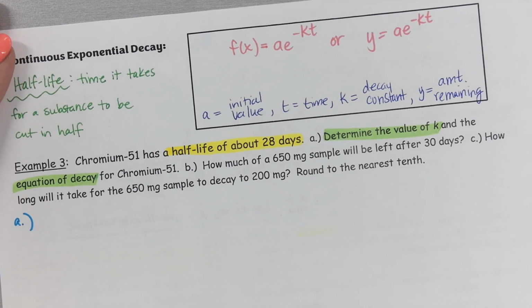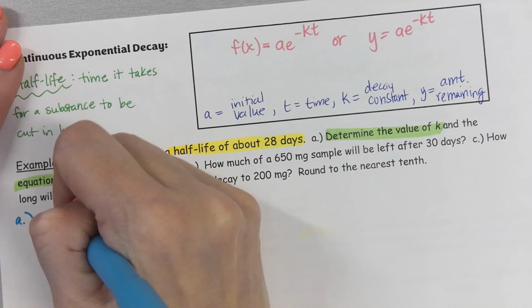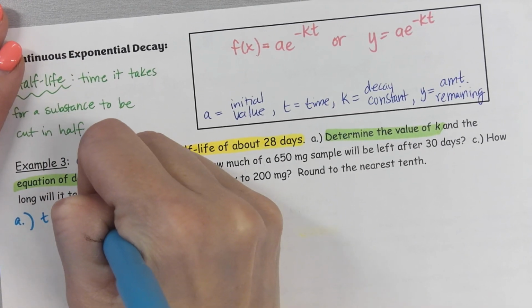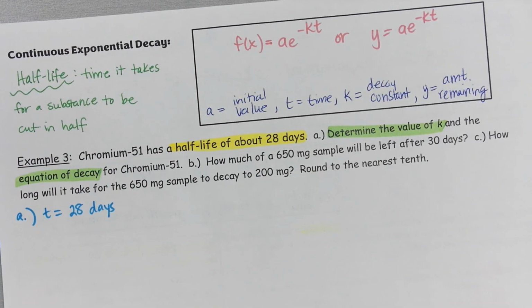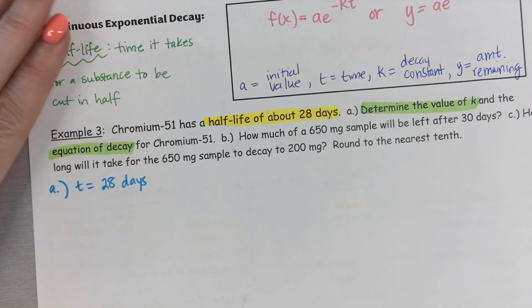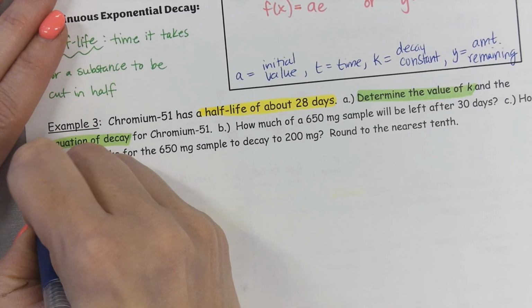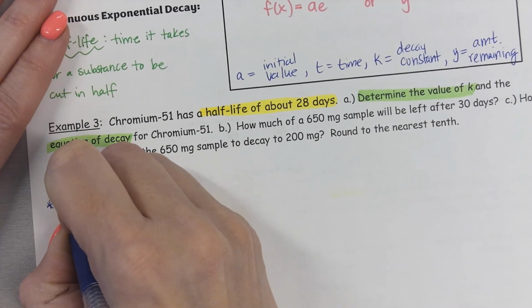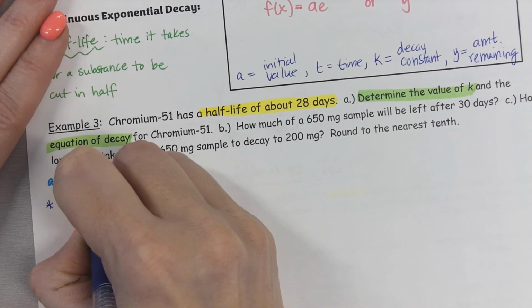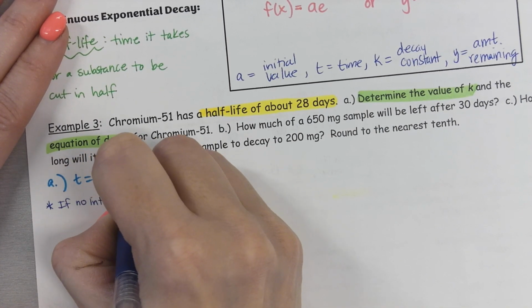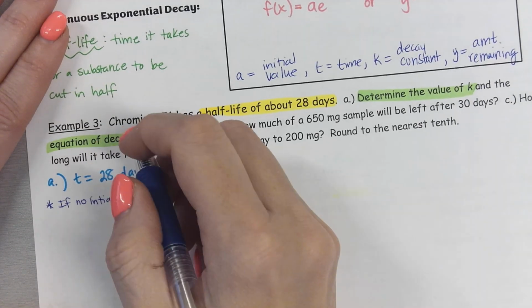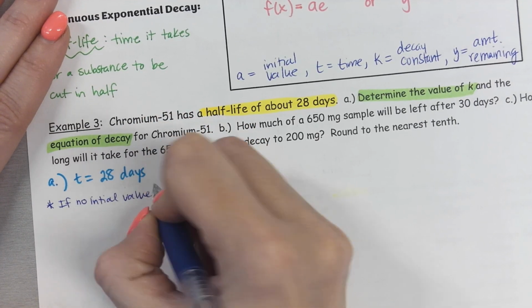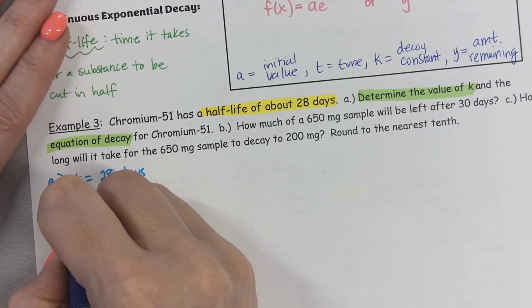Okay, so what we're going to use is that the time is 28 days. That's your half-life. If they do not give you an initial value, you can choose your own. Use one. Yep, and that's what I'm going to use. No initial value is given.